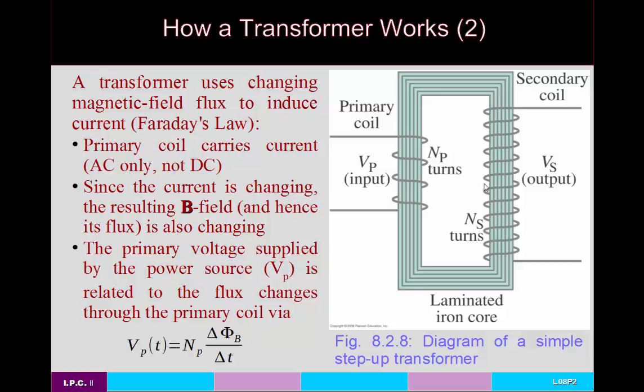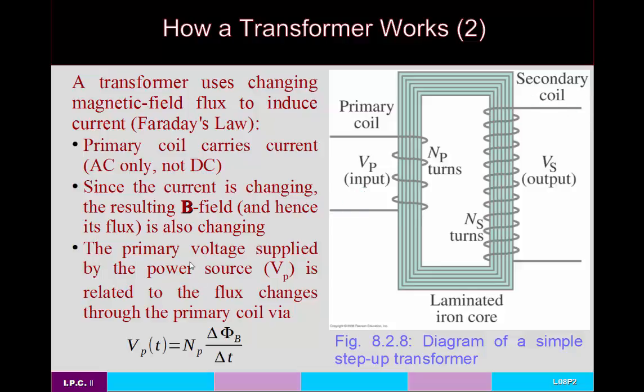So the primary voltage is supplied by the power source typically. So this is usually to the power plant, or if you're near somebody's house, then this is from the power lines to the transformer, and then this goes into somebody's house. But oftentimes it's from the power plant to this coil, and then this coil is to the power lines.